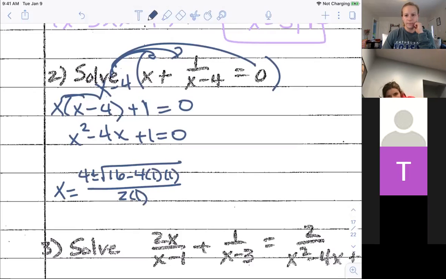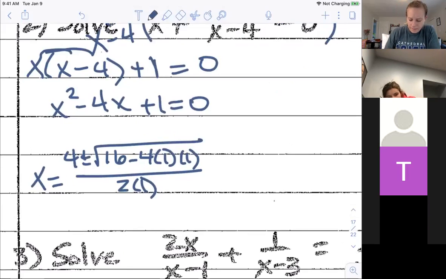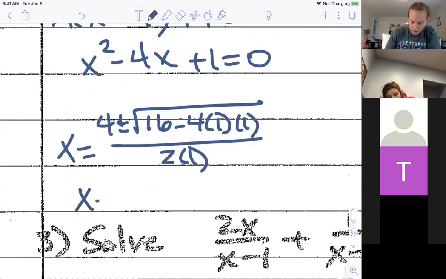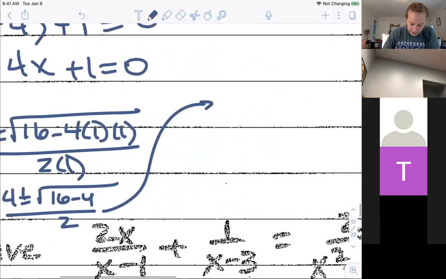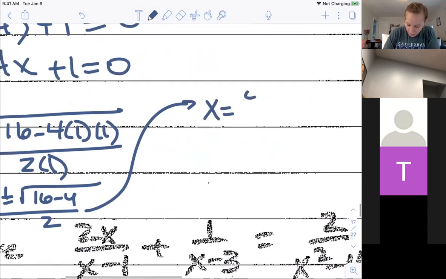Everyone with me? Make sure you tell me if I'm going too fast. 4 plus or minus root 16 minus 4 over 2. Well, 16 minus 4 is 12, so I've got 4 plus or minus root 12 over 2.